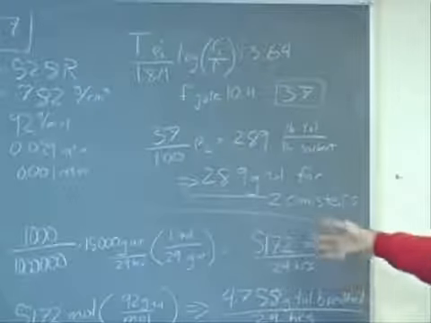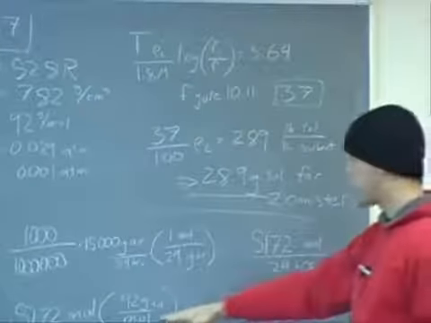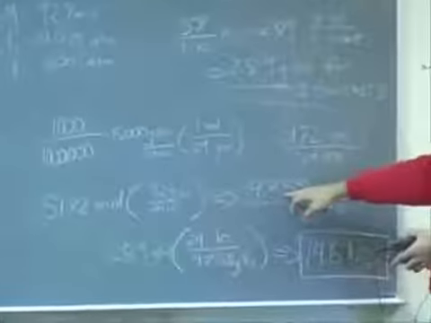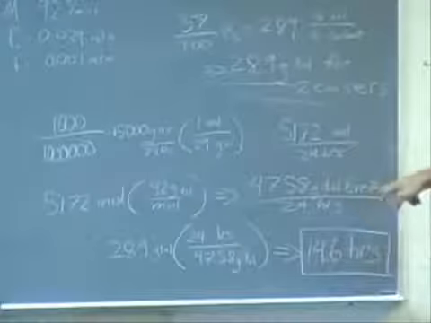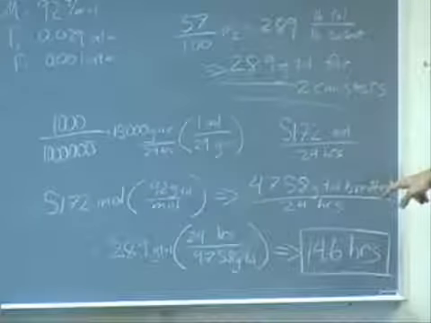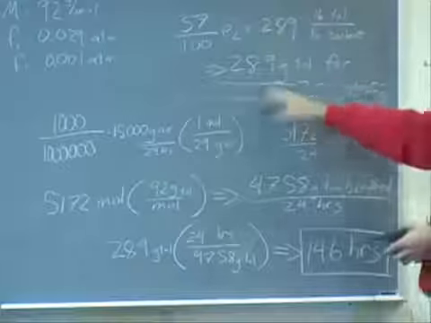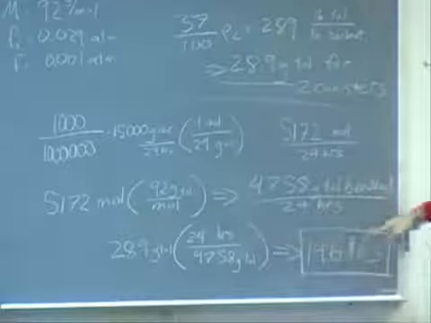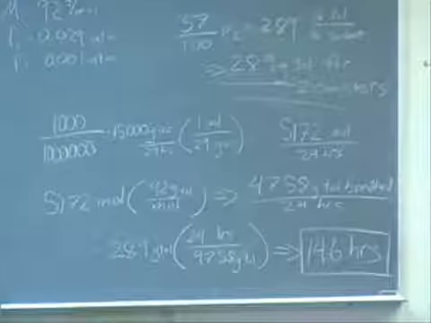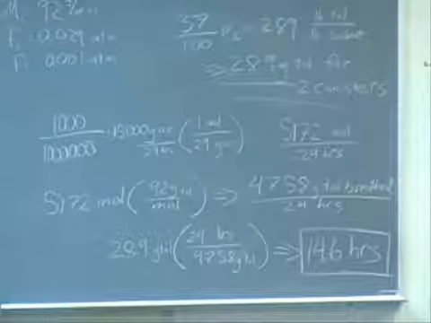Convert that back into grams of toluene, and we've got 47.58 grams of toluene breathed every 24 hours. Then you take this and divide it by that, you get your units, and it takes 14.6 hours to use up the canisters.